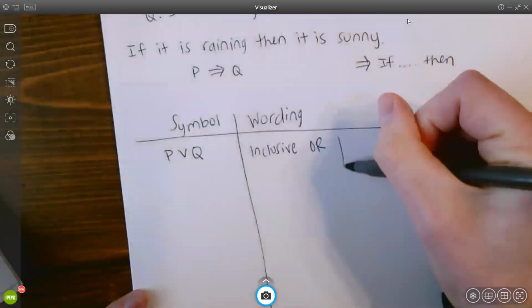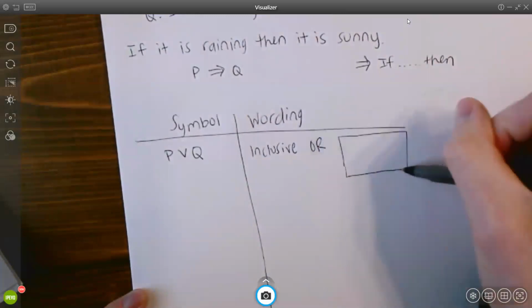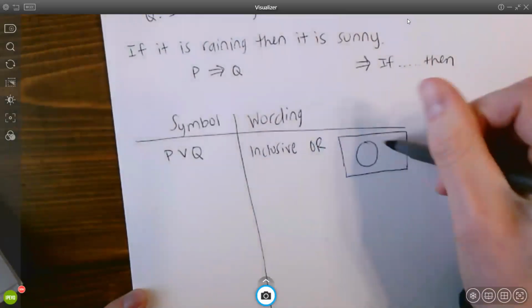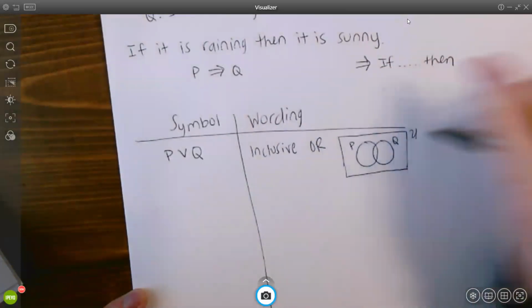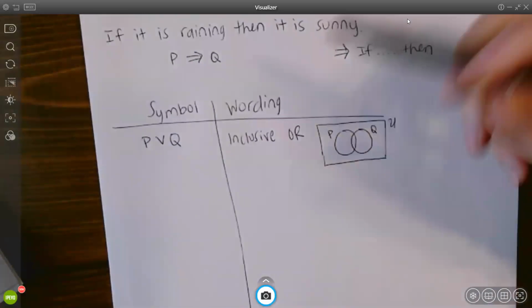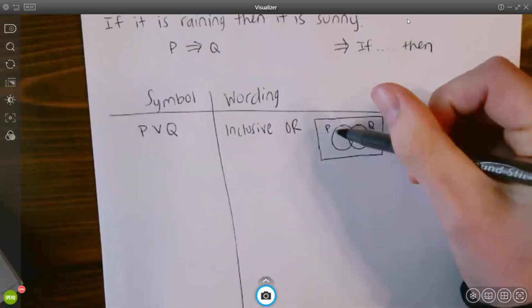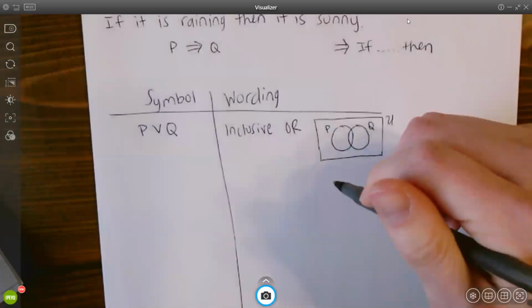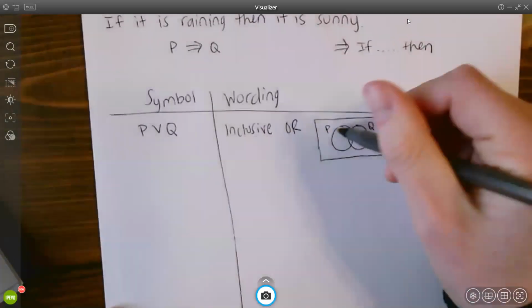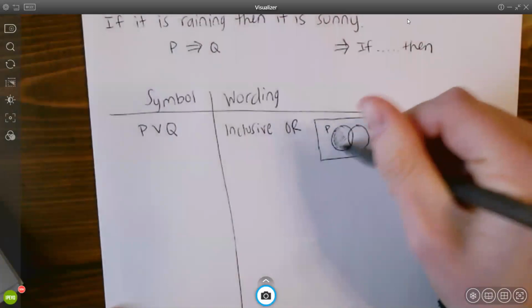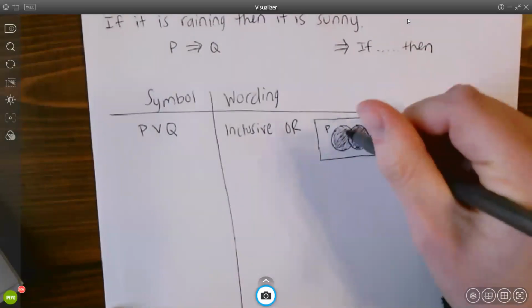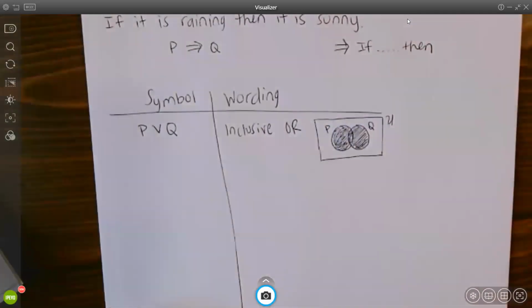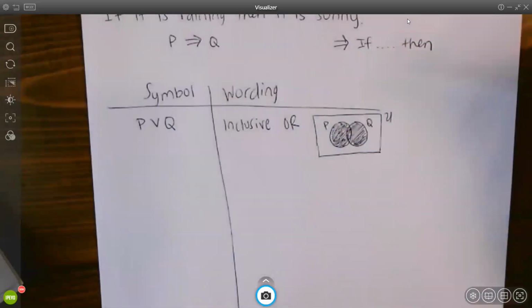So this goes kind of back to Venn diagrams. So I have my P, I have my Q, this is my universal set. The inclusive or is when I have everything that's in P or Q or both. And I'll go over some examples of an inclusive or once we're done with this. So that'd be everything in P, everything in Q, and everything that's in the middle.